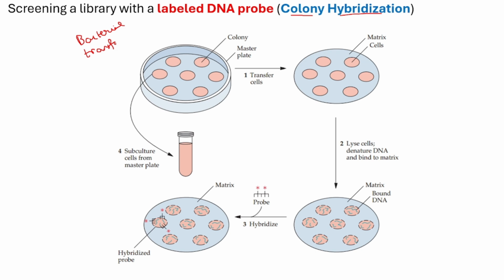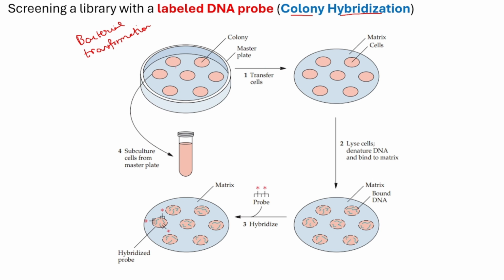When you grow it on an antibiotic medium, the transformants will grow, meaning those bacterial cells which have the recombinant DNA will grow, and those that don't have it will not grow on the antibiotic selection medium, because the antibiotic will kill those cells.